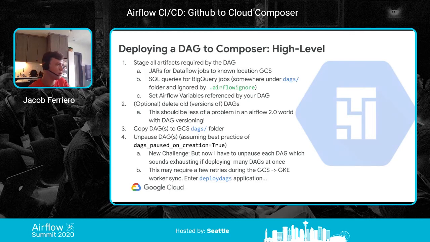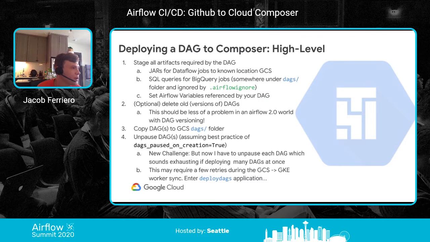By enabling this configuration, you also prevent someone who just drops a Python file into the bucket from that DAG actually getting deployed. Of course, if they also have UI access, they could unpause it. But it is an added layer of safety.